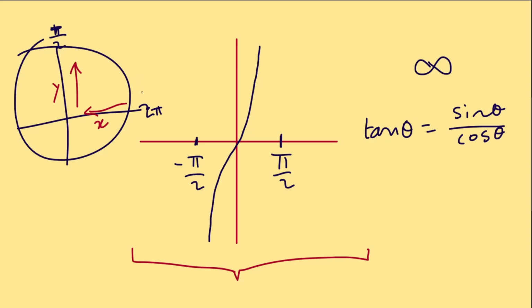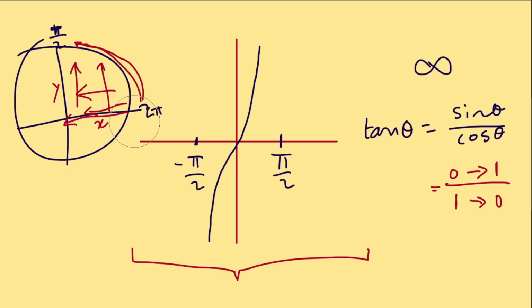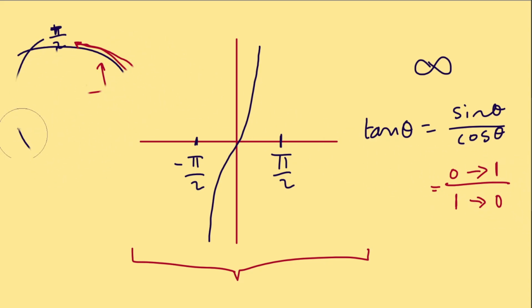As you travel along the unit circle, the y value and the x value are changing, right? As you travel, sine goes from 0 toward 1, and cosine goes from 1 toward 0. Now, you don't have to understand that 100%, but as long as you get the general idea, then you should understand where this shape comes from.